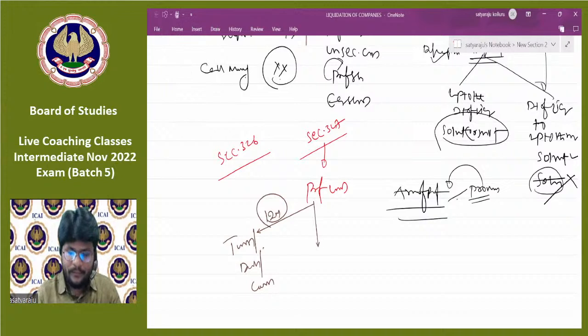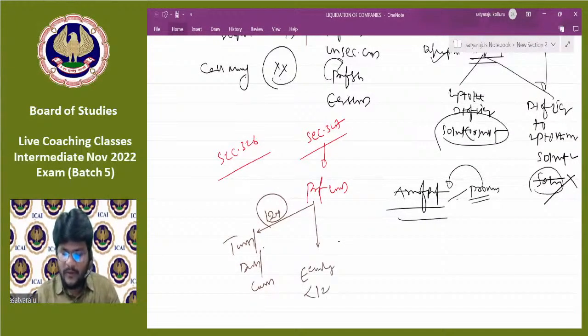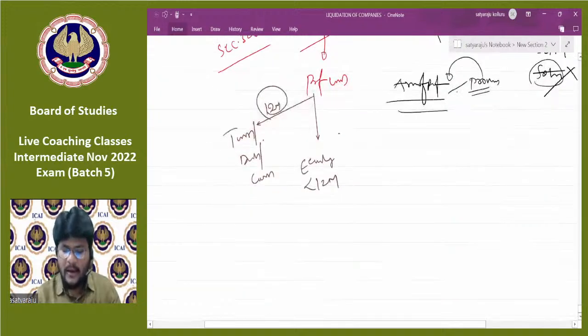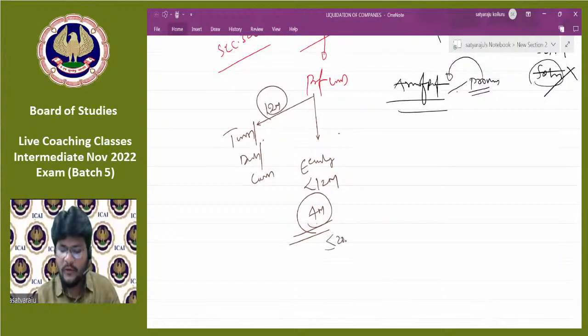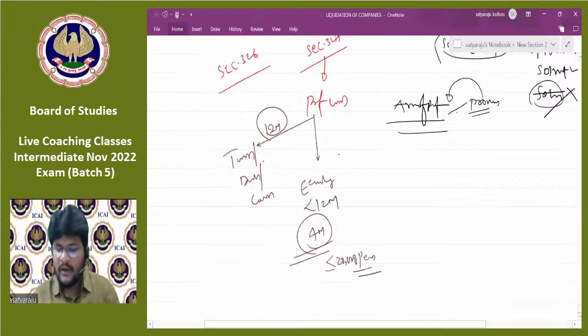Next, employees' salaries related to the preceding 12 months. Any 4 months' salary, you can treat it as a preferential creditor, but it should not exceed 20,000 per employee. We checked that one as well.